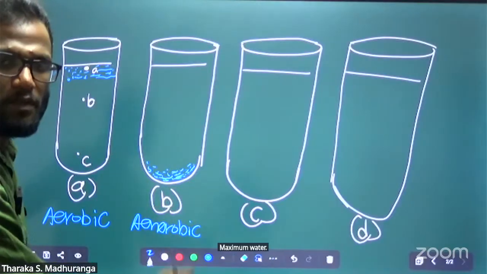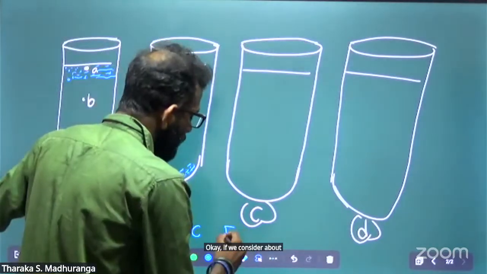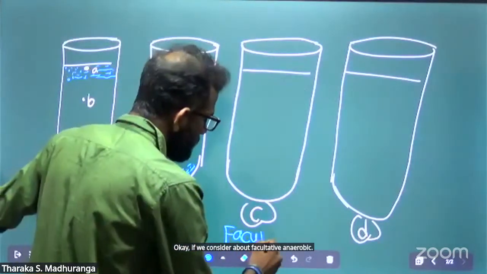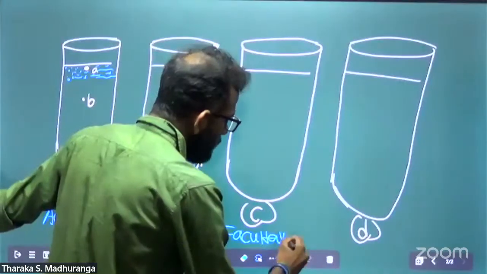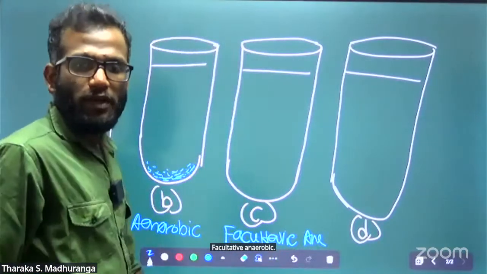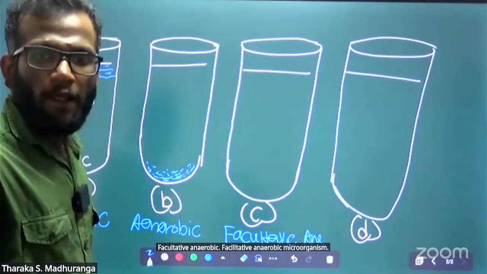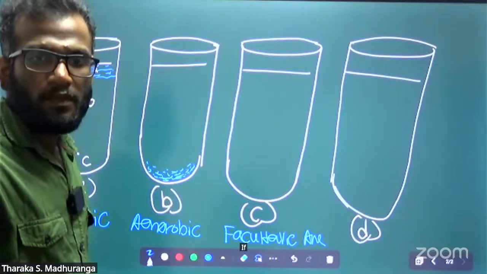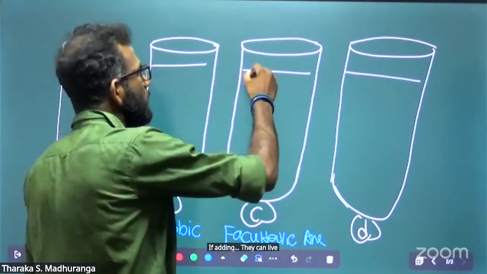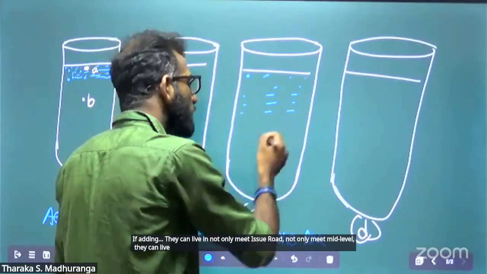Okay, if we consider facultative anaerobic microorganisms, they can live not only at mid level, they can live in any environment, anywhere in the water. But they prefer to go to the bottom areas.